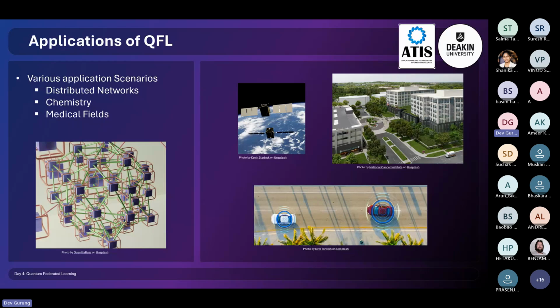So, application-wise, any distributed environment would be appropriate for QFL, and we are all definitely working together. So we hope there could be very promising research works in the future in the field of QFL and its applications, trying to solve its challenges and everything.